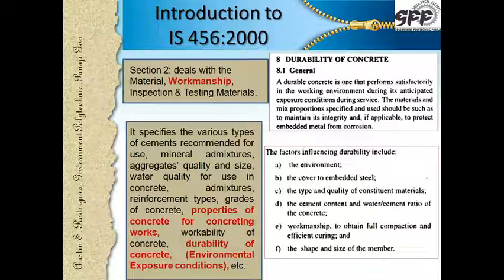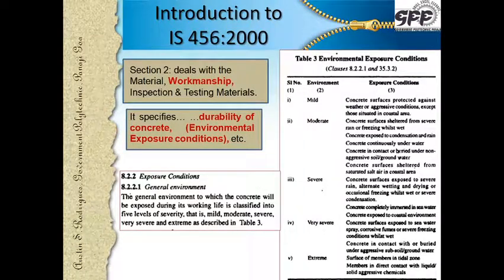The next one is cement content and the water cement ratio of the concrete, workmanship, how we get the full compaction and good curing, and finally the shape and size of the member. So all these things are important. Remember, the first 3 things are the environment, the cover to the steel, and the type and quality of the constituent materials. That does not mean that the others are not important. Others are equally important.